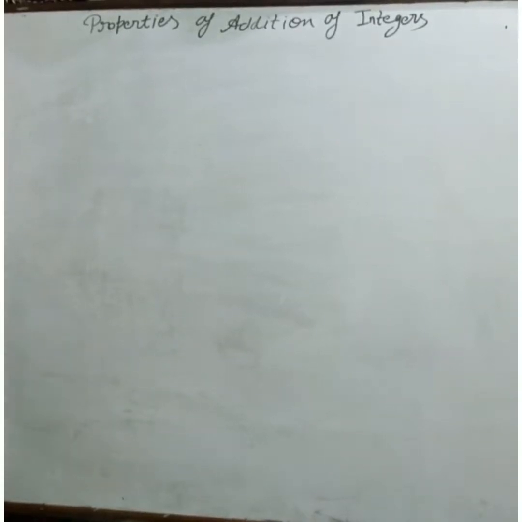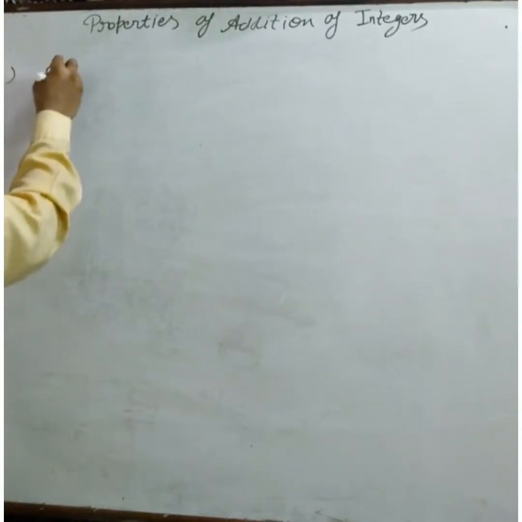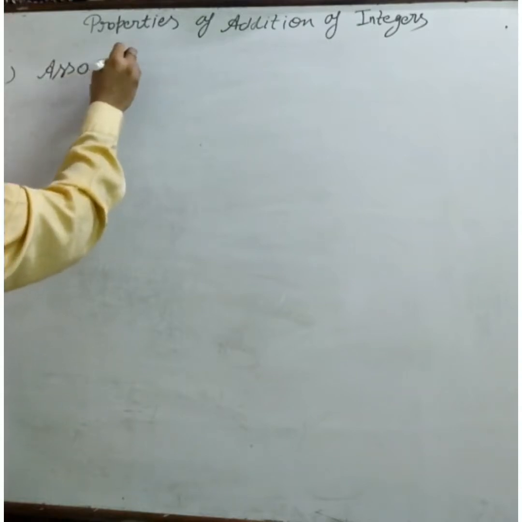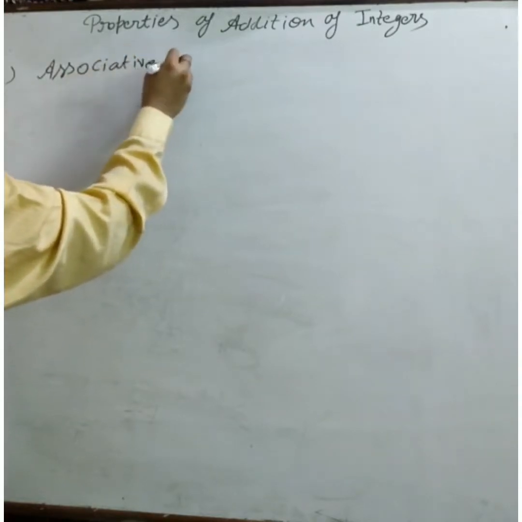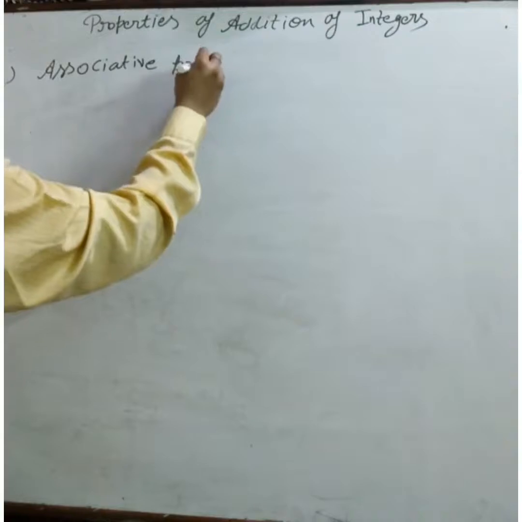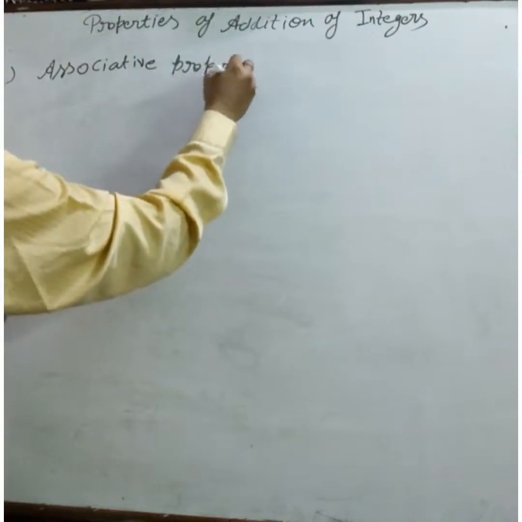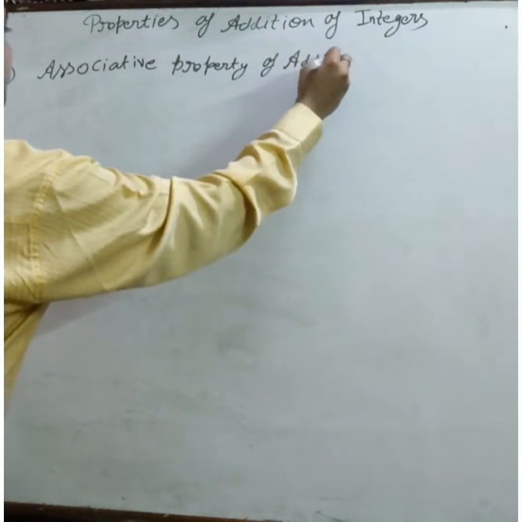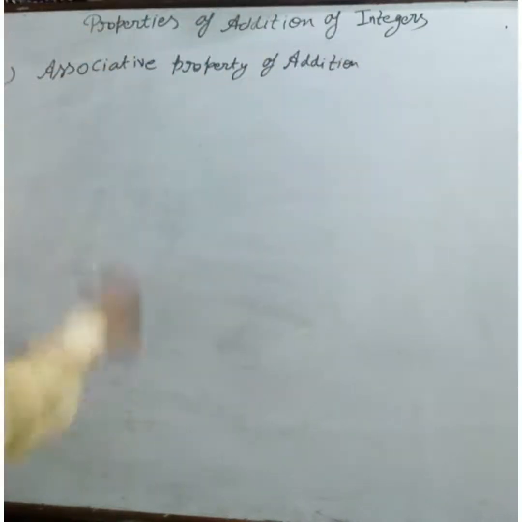The third property is the associative property of addition. What is the associative property of addition?